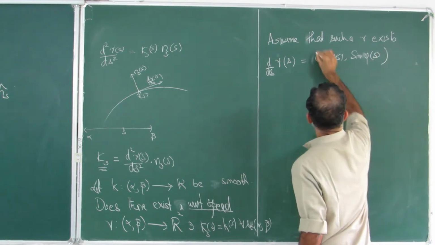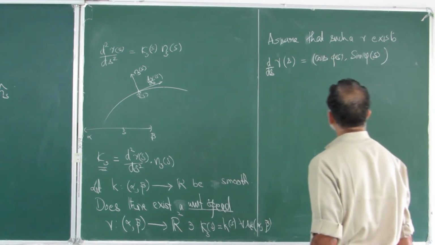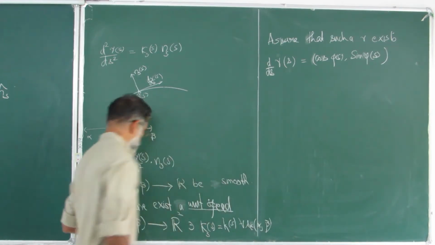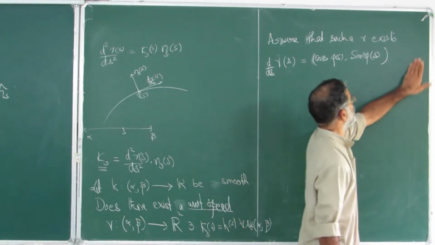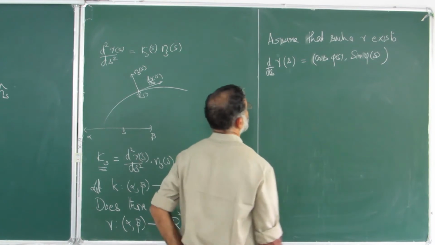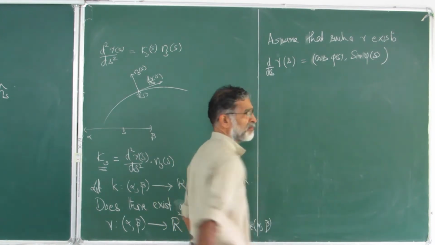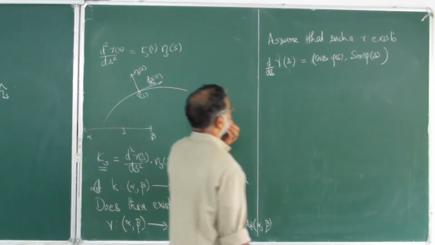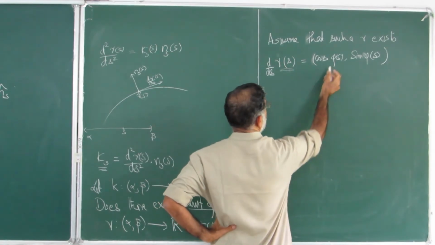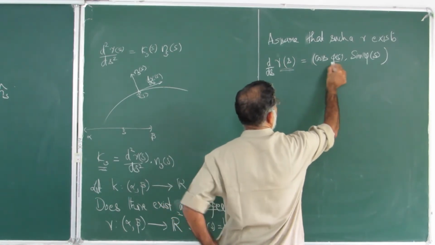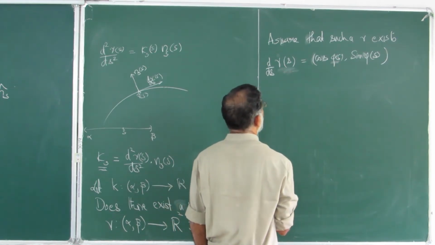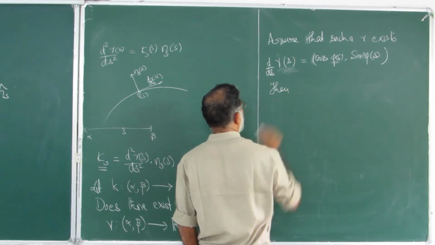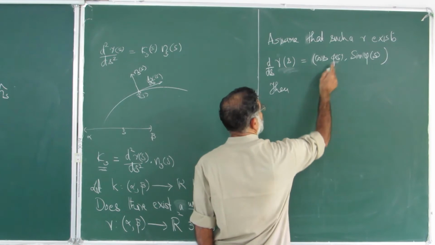We have already seen this, where phi is a function from alpha, beta to R. Such a phi exists because locally you can invert the cosine and sine functions, since this is a unit vector. At every point you can write it this way, and you can choose your phi in such a way that it becomes smooth.